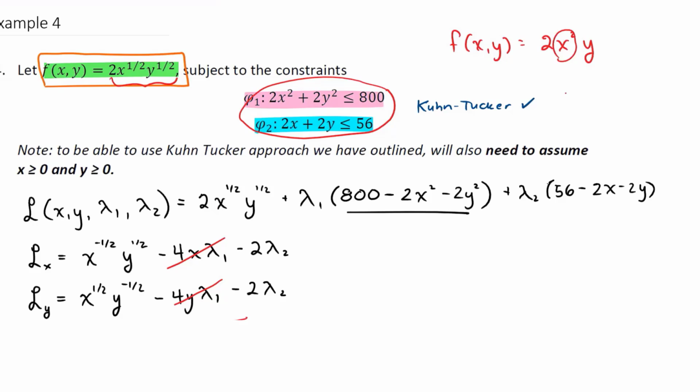But that depends on the costs. So if my constraints were x plus y is less than or equal to 50, or 0.5x plus 2y is less than or equal to 60, I could look at this and get a feel for it and say this will probably be my more binding constraint because I want lots of x.